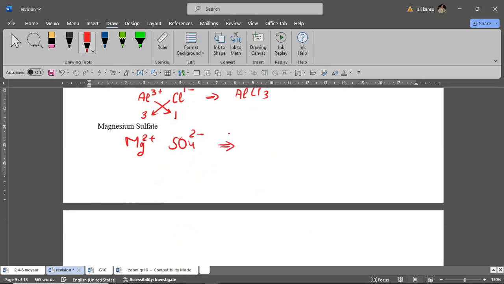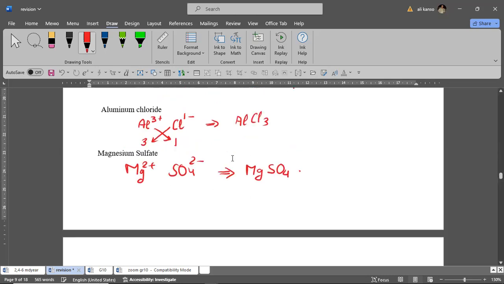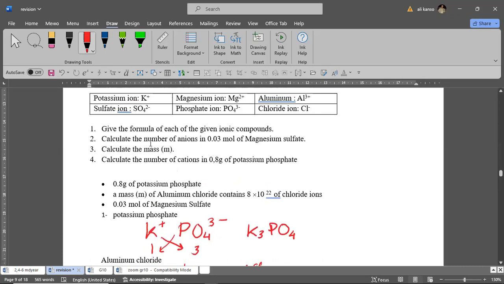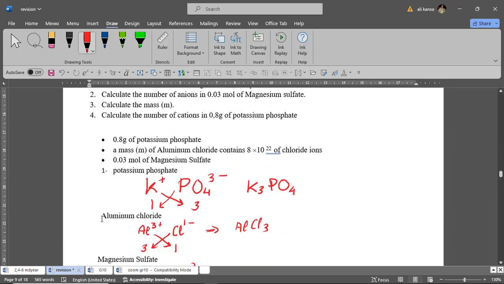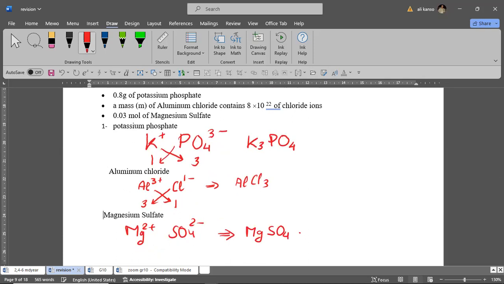So we just group them together, MgSO4. This is the first question: give the formula unit of the given ionic compounds: potassium phosphate, aluminum chloride, and magnesium sulfate.